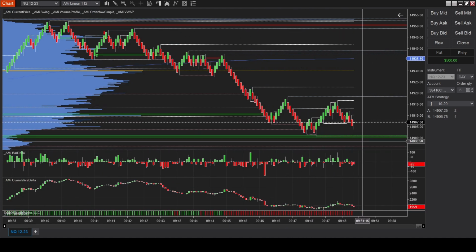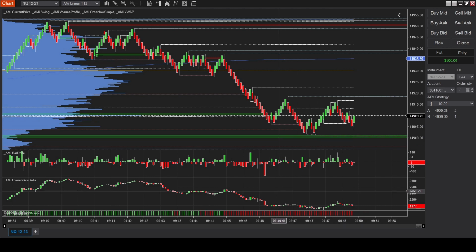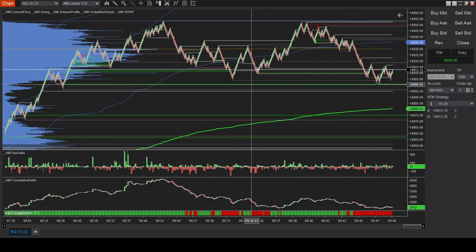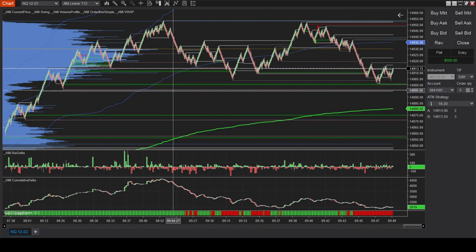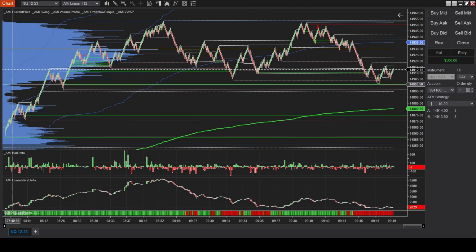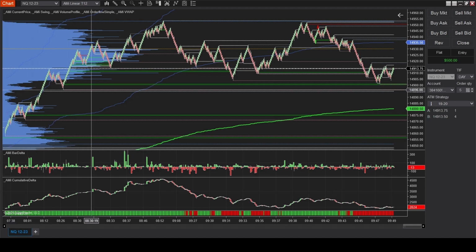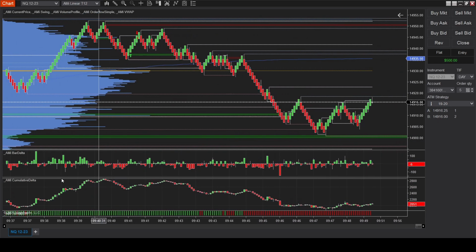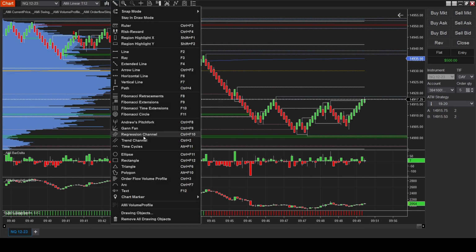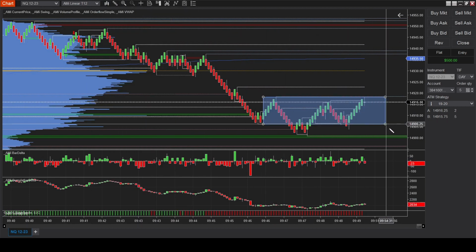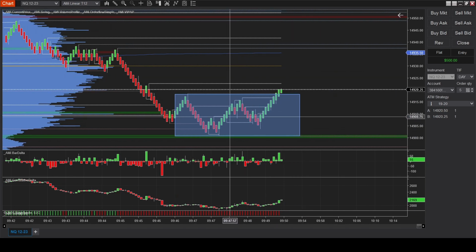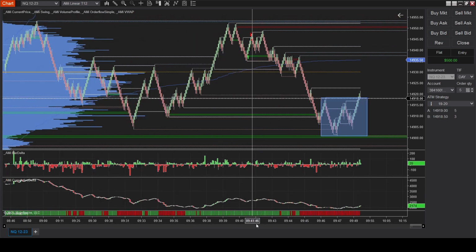Price starting to range around the 900 mark. Have a low volume node right there. Market bounced off of it. Not really expecting price to push down, but we'll see what happens. Still looking for long positions.